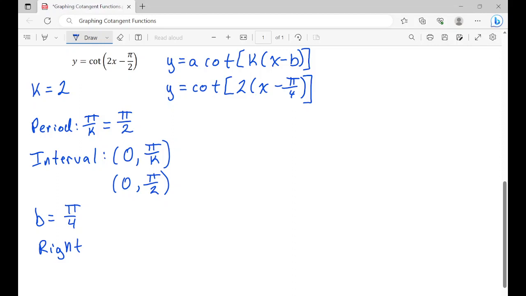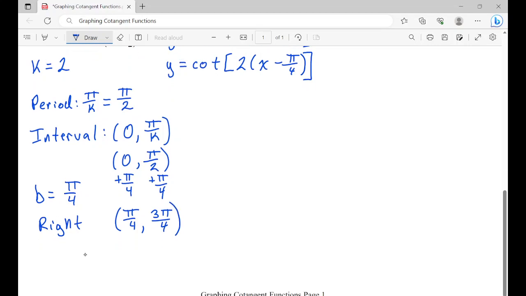And because it's being shifted to the right, I'm going to add pi over 4 to both of these on my interval. So when I do that, I'm going to end up getting pi over 4 and 3 pi over 4. And again, this corresponds to my vertical asymptotes, this and this.